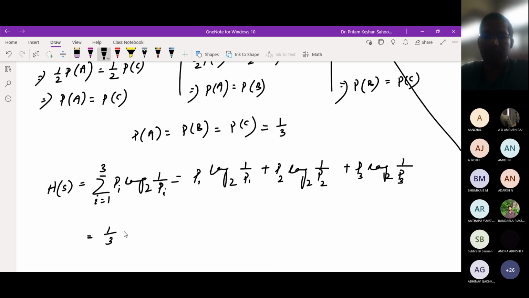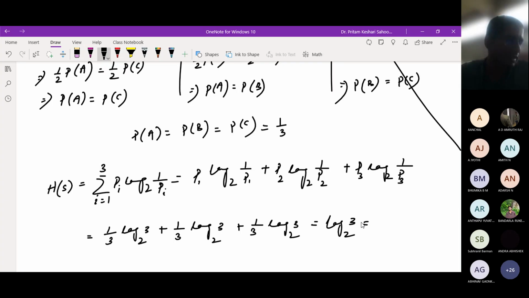So it will be 1 by 3 log base 2 of 3, plus 1 by 3 log base 2 of 3, plus 1 by 3 log base 2 of 3. That is nothing but log base 2 of 3, because all 3 terms are the same. So we can write this as 3 into 1 by 3 log base 2 of 3. The 3 cancels, so we have log base 2 of 3. So log base 2 of 3 is the answer.